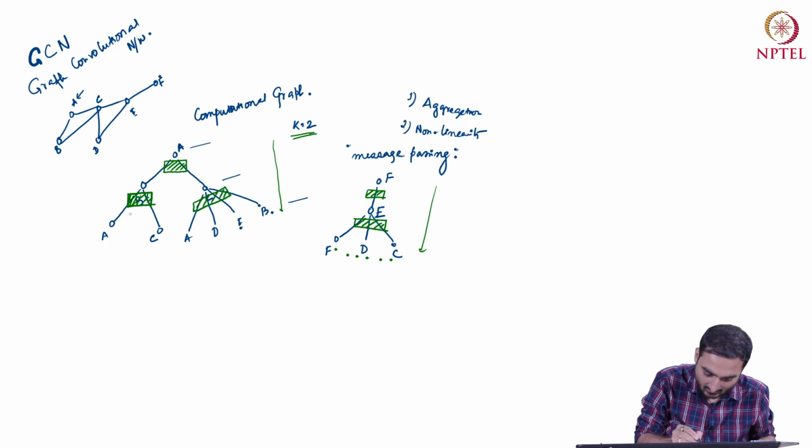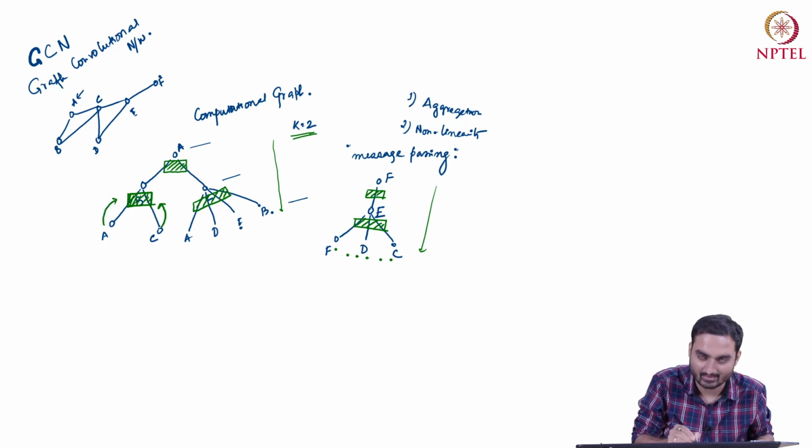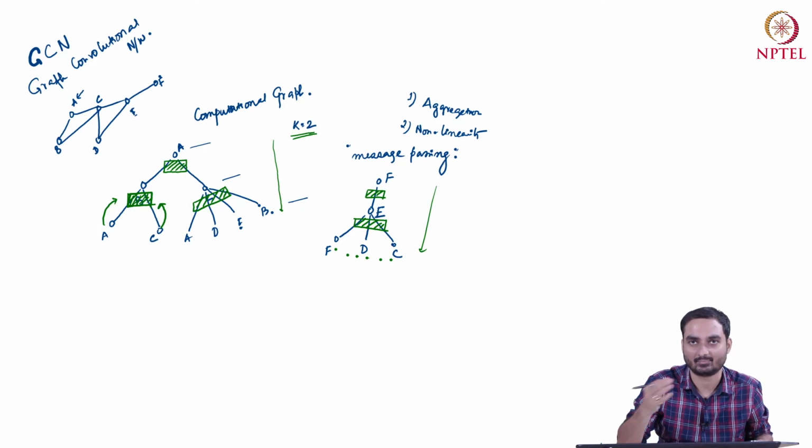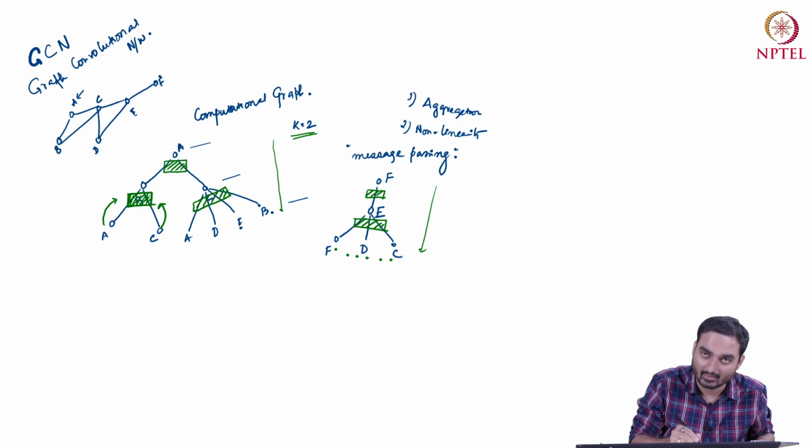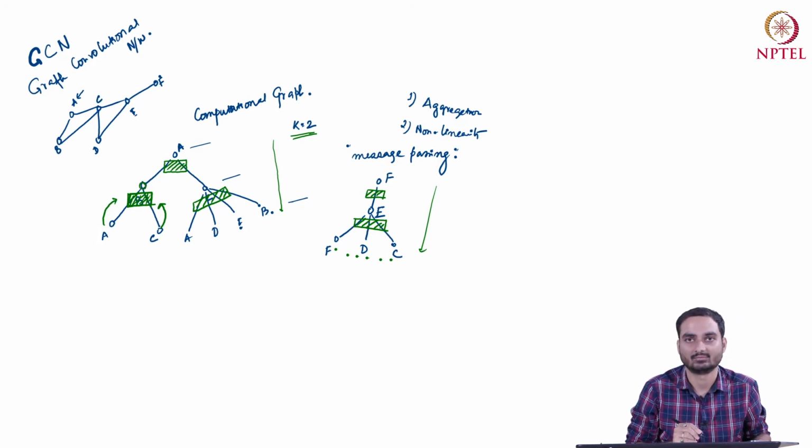It aggregates information, messages coming from A and C. It first aggregates, and then passes this aggregated information through some weights, again some neural network. You can think of it as a depth 1 neural network, and it also aggregates its own information.